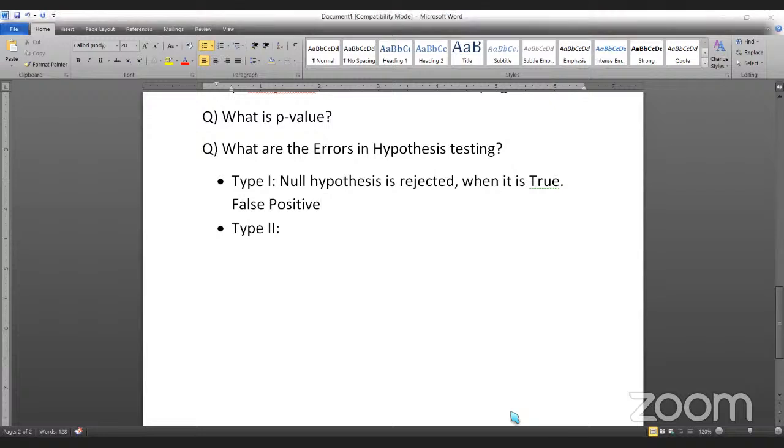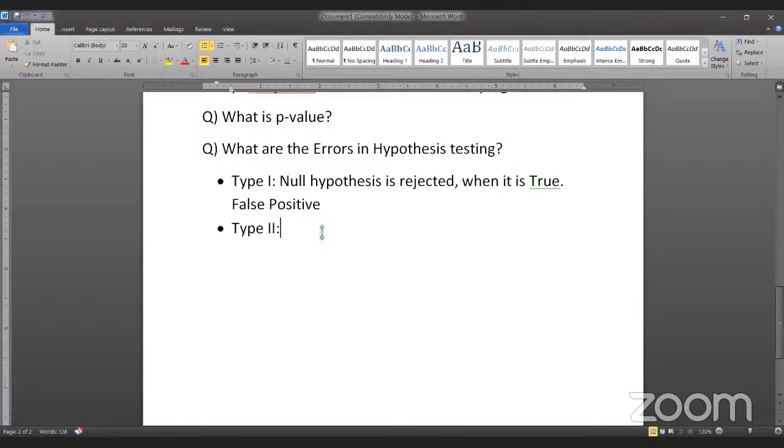Type 2 error is when the null hypothesis is accepted when it is false. It is also known as a false negative.